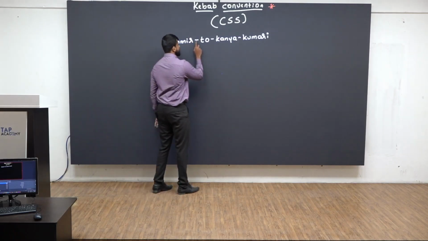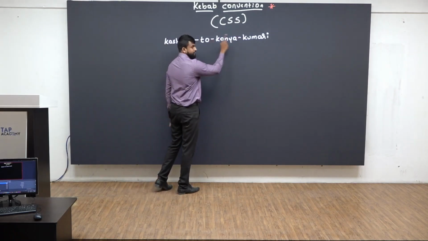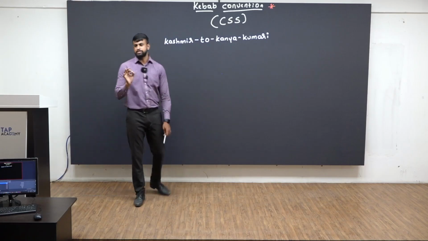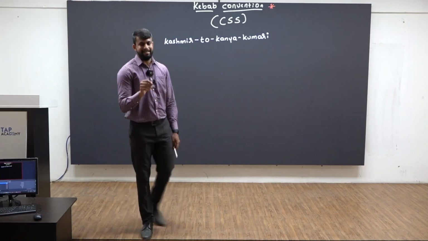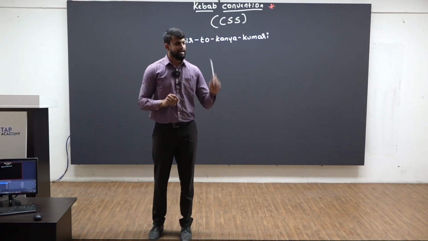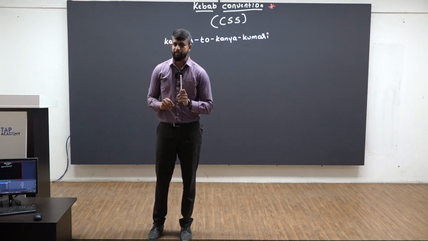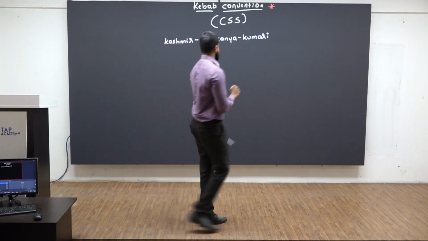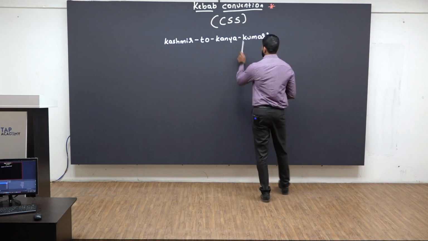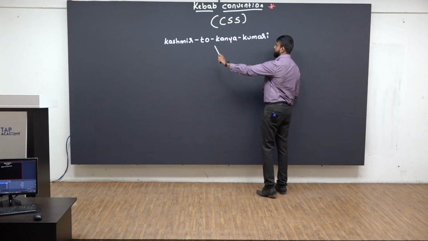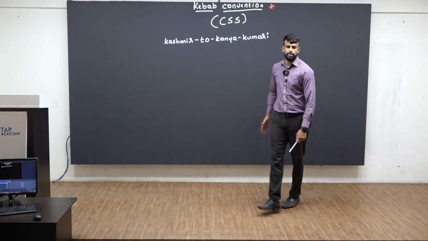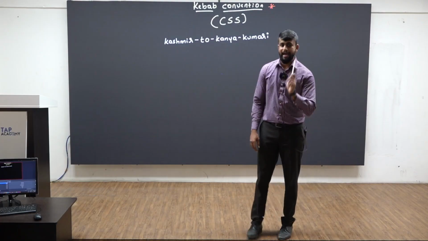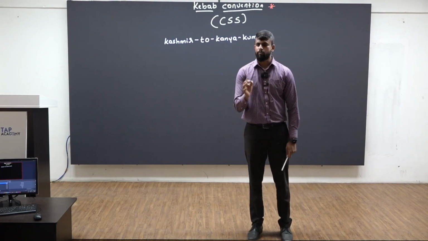Between the words, what is there? A hyphen is there. The difference between snake and kebab is what? Snake uses underscore and kebab uses hyphen. But let me tell you, my friends, if you try to put a hyphen when you are using a variable name, Java will give you a report on your face because it is an error. Now you ask me why the error?